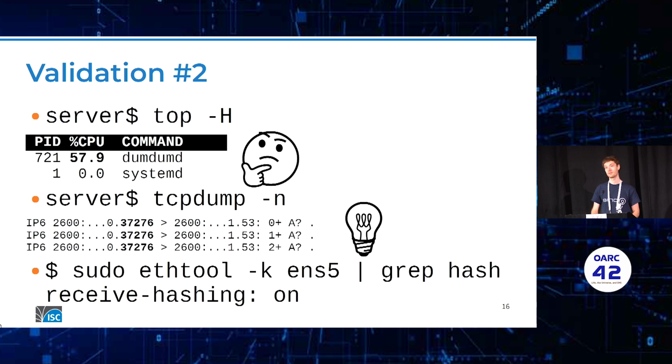Now, the detective story starts. We look at the server side and the CPU utilization, and we can see that only one process of dumdumd is running at a time, and it's not even utilizing the CPU fully. So something smells bad here. I'm a networking guy. When I don't know what's happening, I just use tcpdump and stare into it long enough.